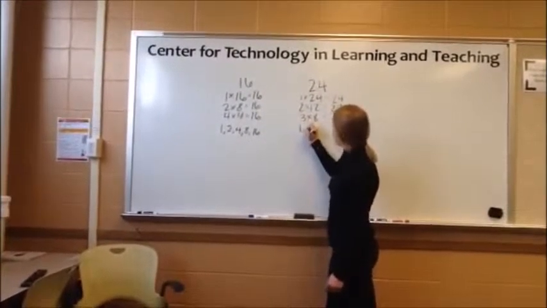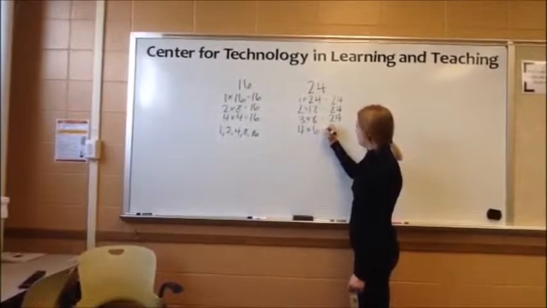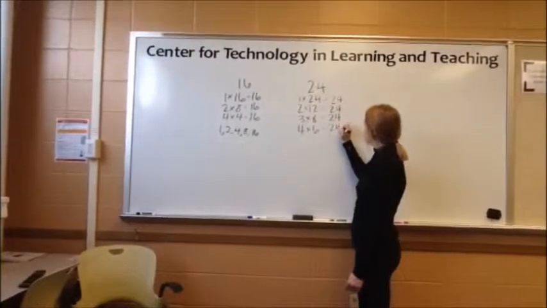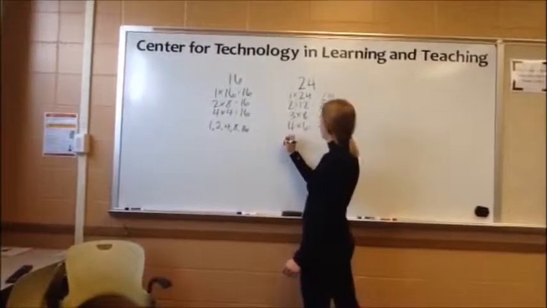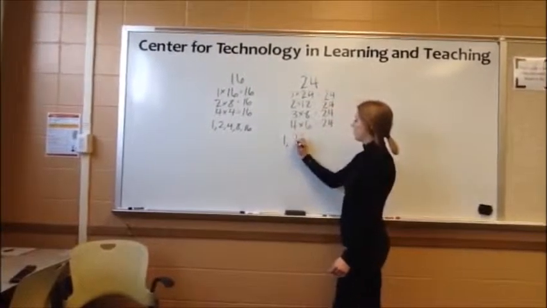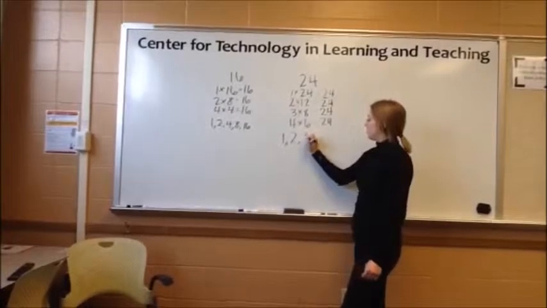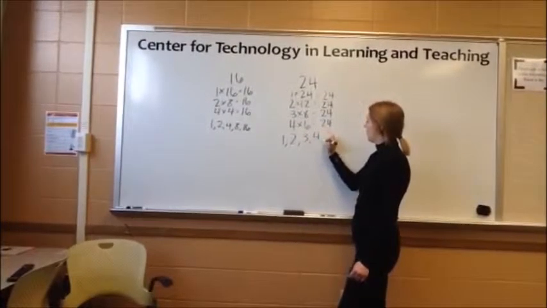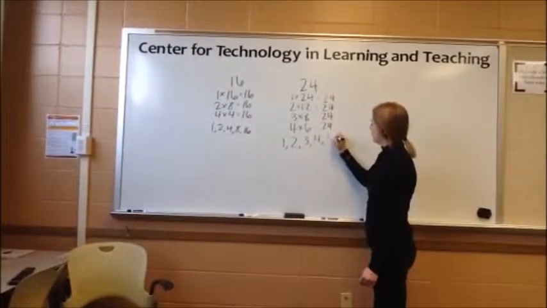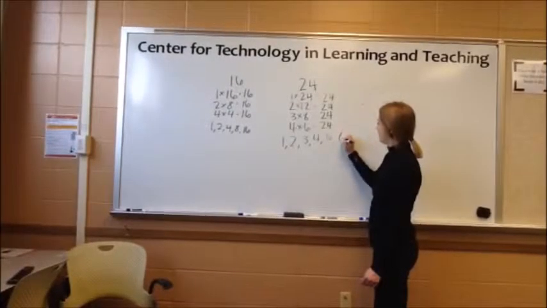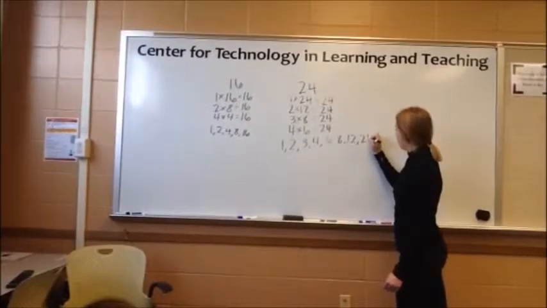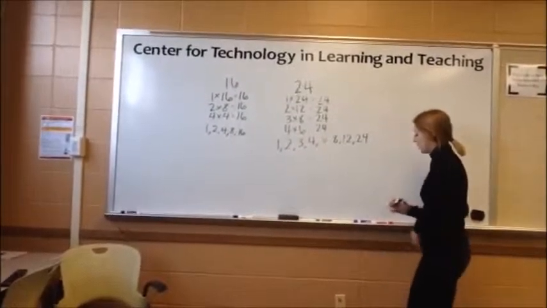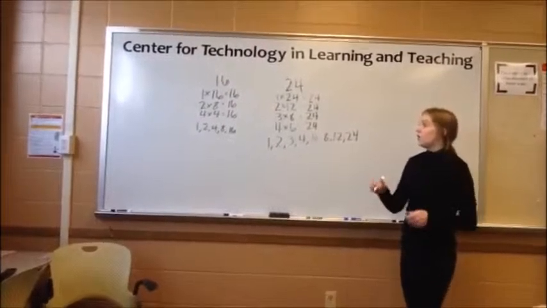And I know that 4 times 6 equals 24. So now I can list out all of my factors of 24, which are 1, 2, 3, 4, 6, 8, 12, and 24.